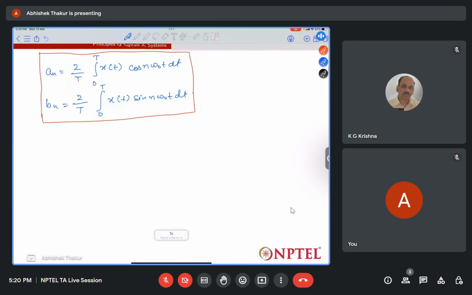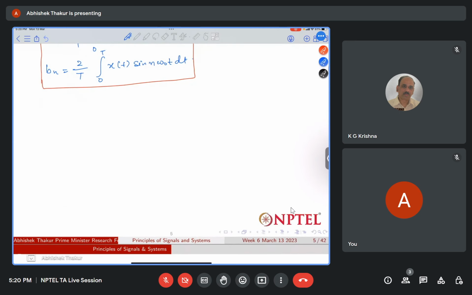Now the next form is the exponential Fourier series.